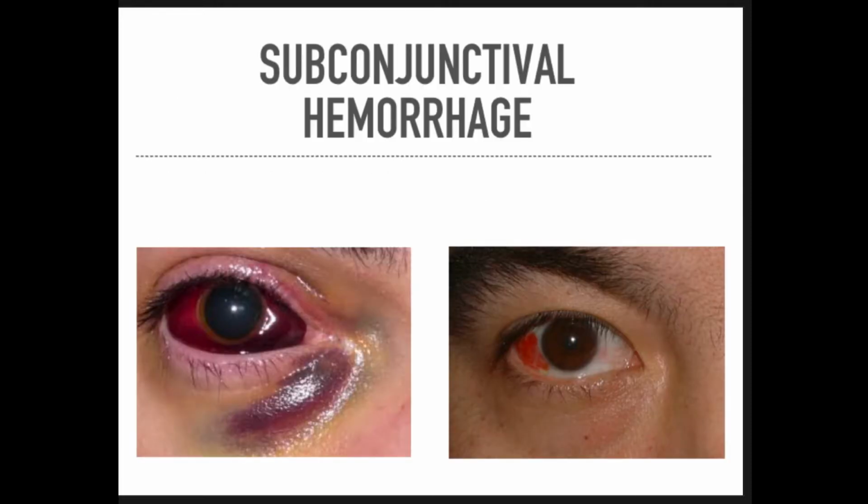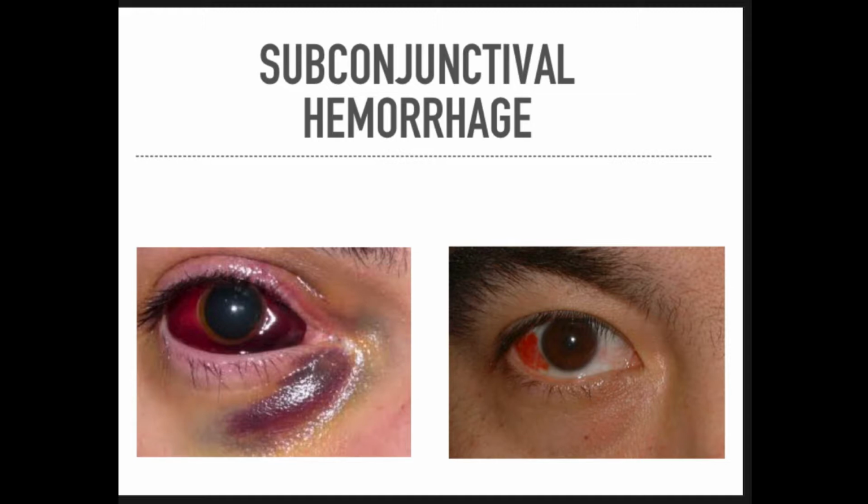So let's talk about it. Subconjunctival hemorrhage can be because of really benign causes like Valsalva, somebody sneezed really hard. It could be caused by systemic disorders like somebody who has a supratherapeutic INR, recently started on warfarin, and somebody who just vomited.